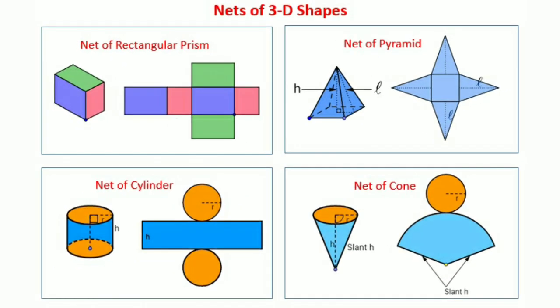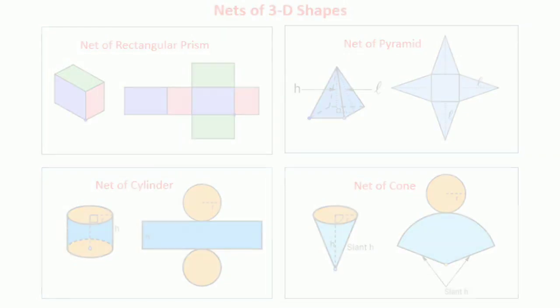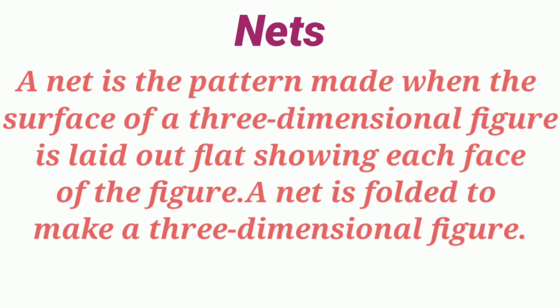The two-dimensional shape from which a three-dimensional object can be made by folding is called the net of that object. Nets can be defined as a pattern made when the surface of a three-dimensional figure is laid out flat, showing each face of the figure. A net is folded to make a three-dimensional figure.